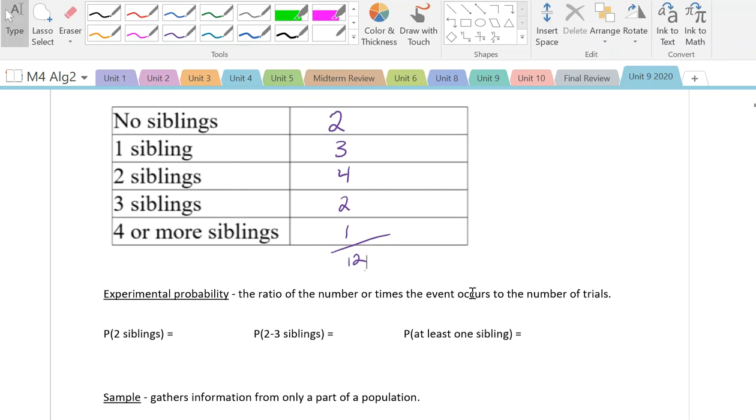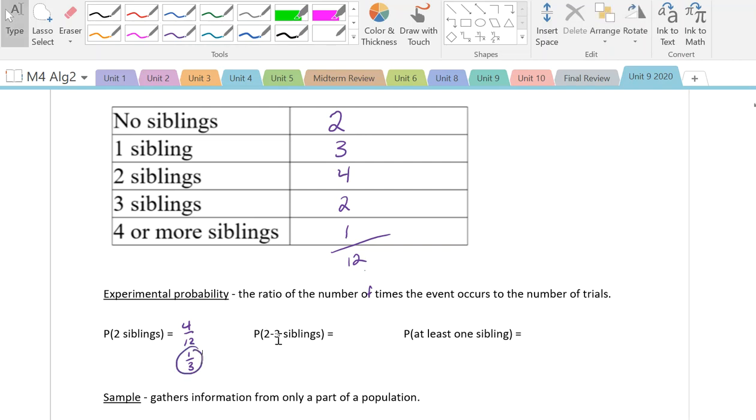It's the ratio of the number of times the event occurs to the number of trials. So the probability that of the 12 people I sampled that they have 2 siblings would be 4 out of 12, or 1/3.